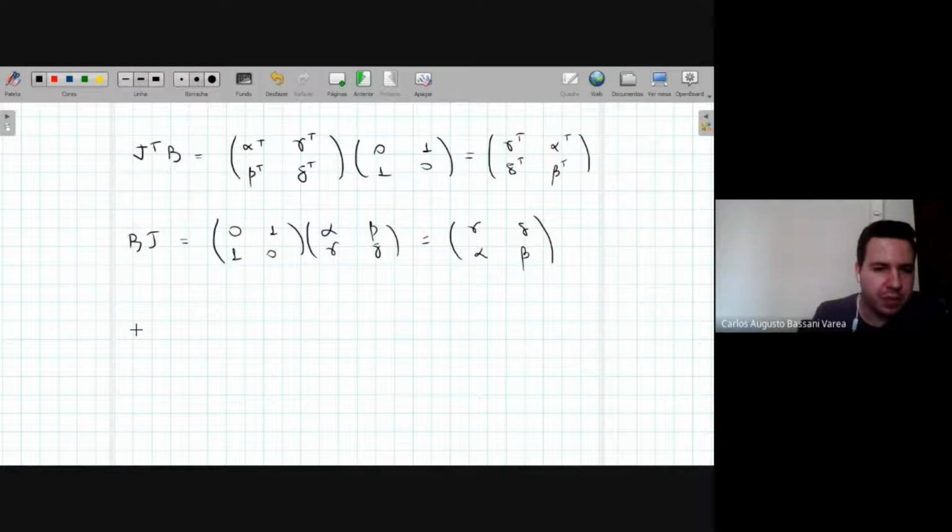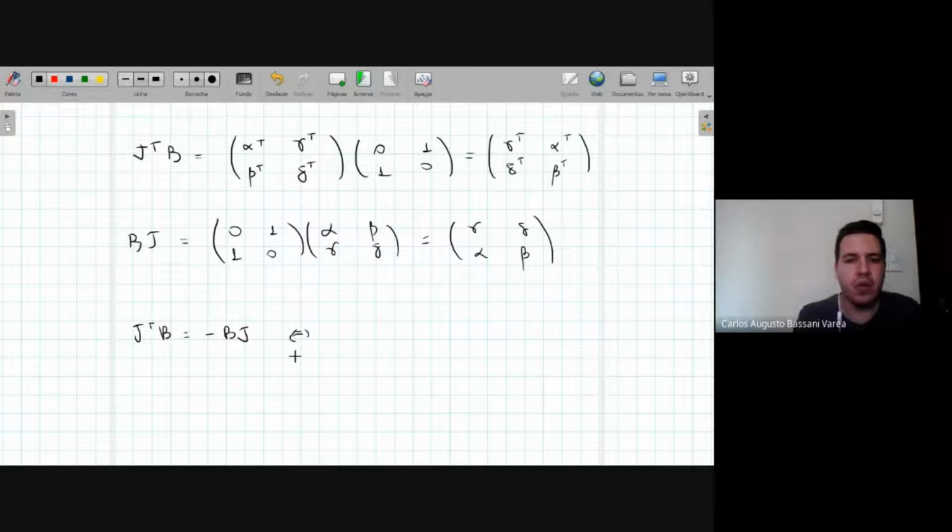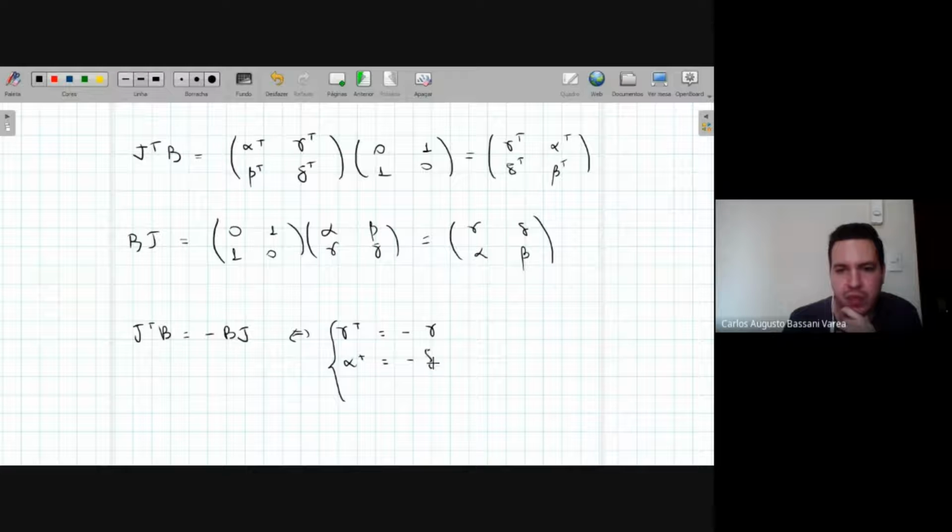So when we compare, when we demand to satisfy this condition here, we obtain the following: that gamma transpose is equal to minus gamma, we have that alpha transpose is equal to minus delta, and beta transpose is equal to minus beta.